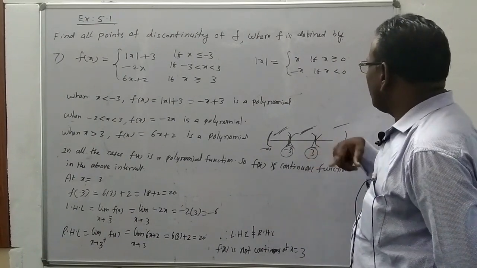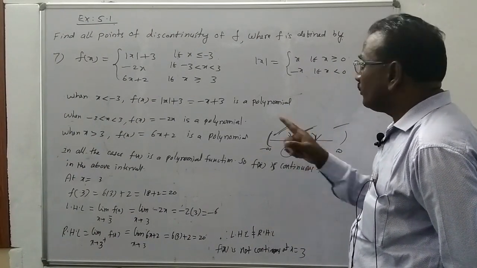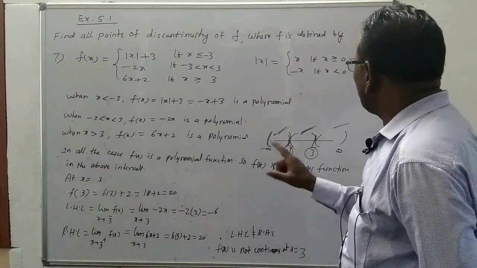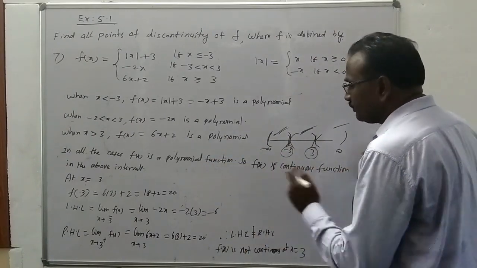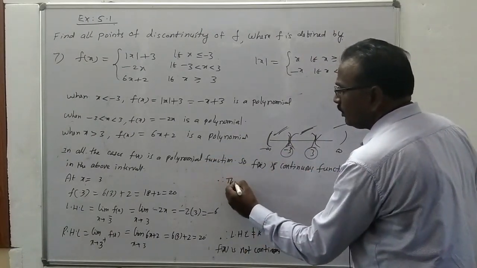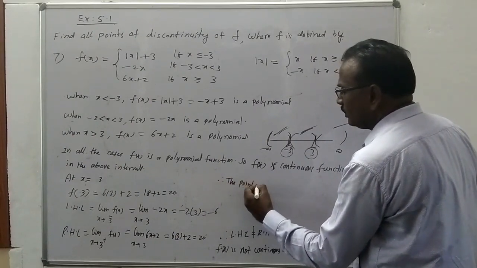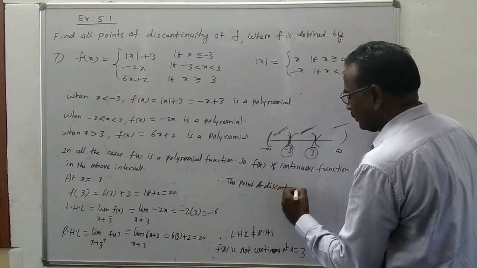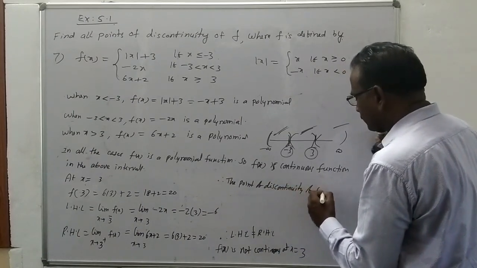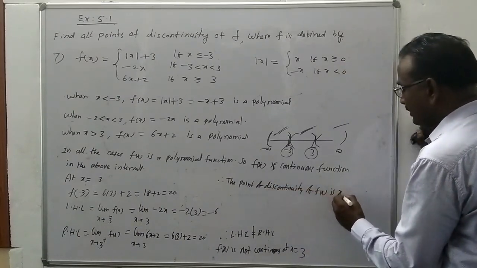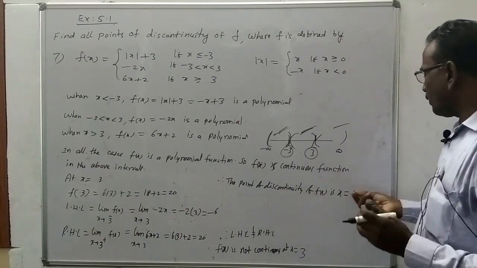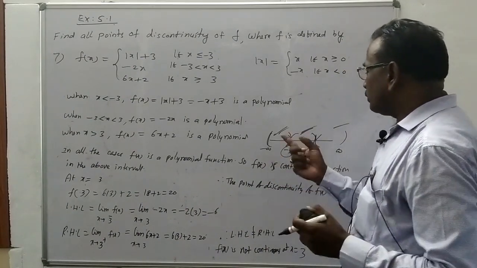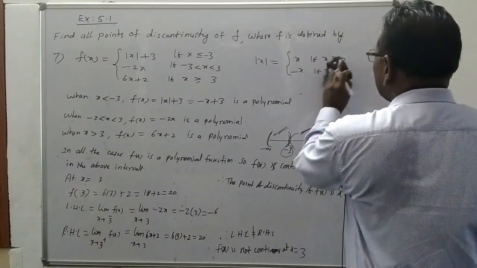For any other point in this domain except 3, the function f of x is continuous. Therefore the point of discontinuity of f of x is x is equal to 3. Only this is the point at which the function f of x is discontinuous.